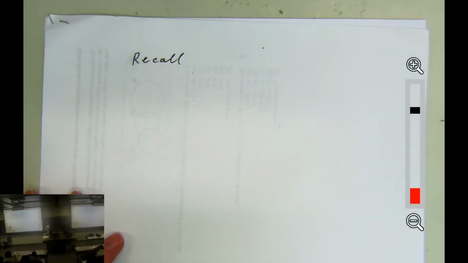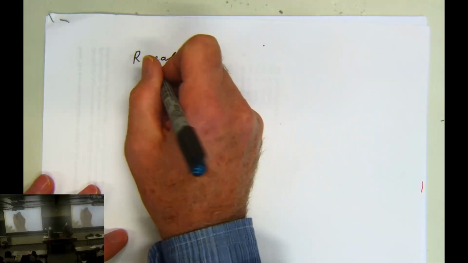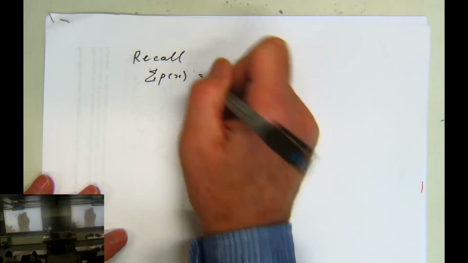Okay, so it's there. Recall the summation of p of x is equal to 1. I haven't written everything out here because if it says it's a probability distribution, the sum of the probabilities has to be equal to 1. So we know that.